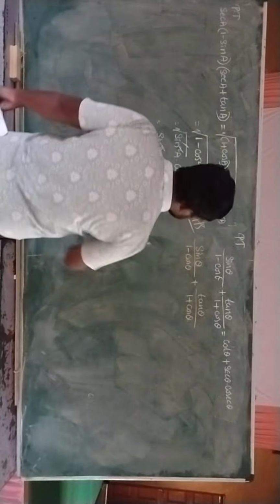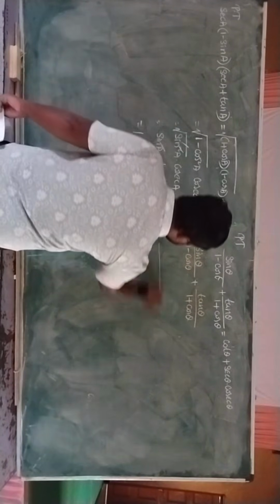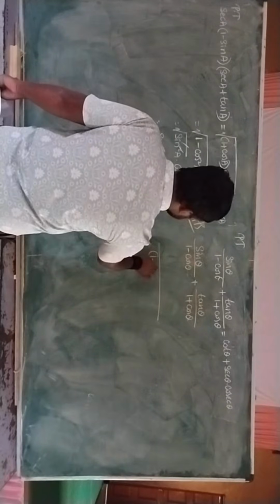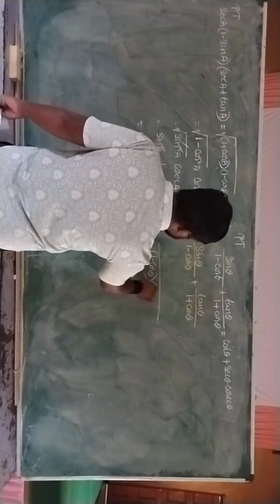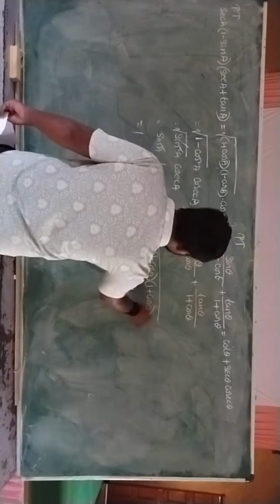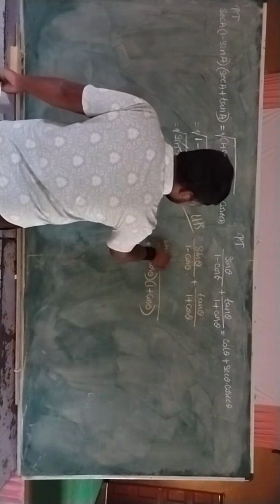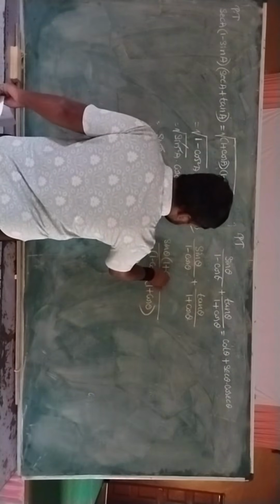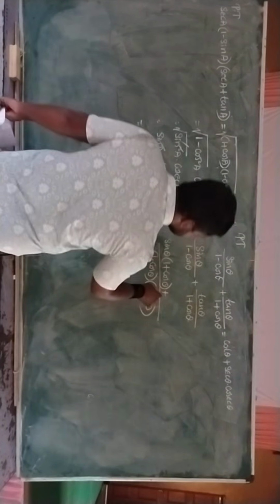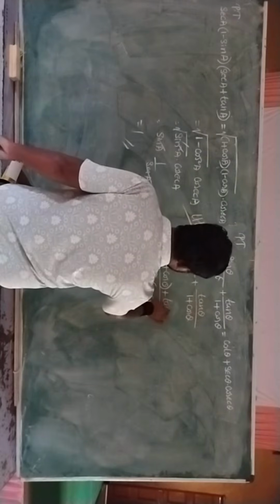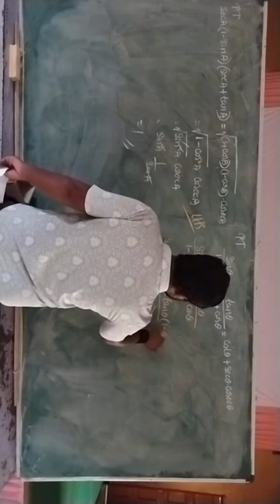Okay. So now we can take the LCM directly first. 1 minus cos theta into 1 plus cos theta. So sin theta into 1 plus cos theta plus tan theta into 1 minus cos theta.